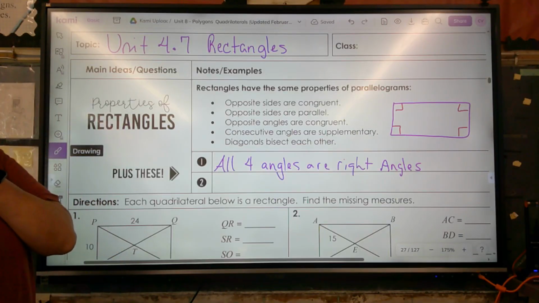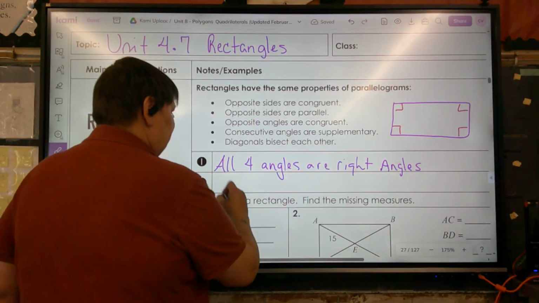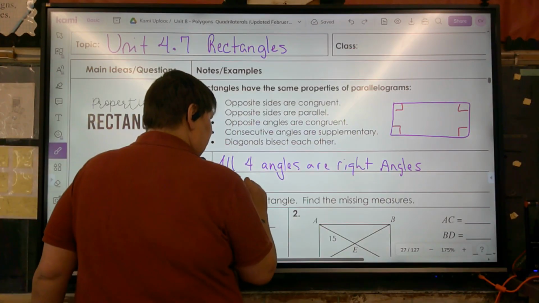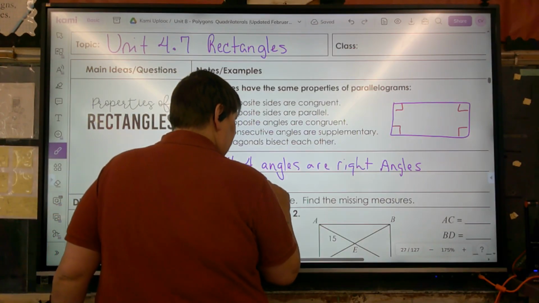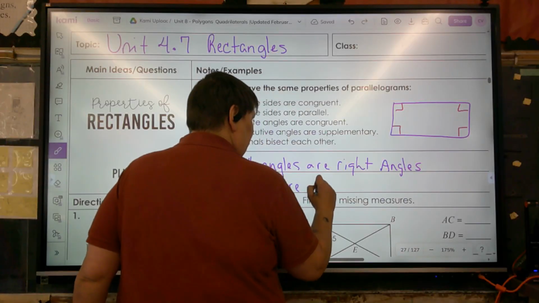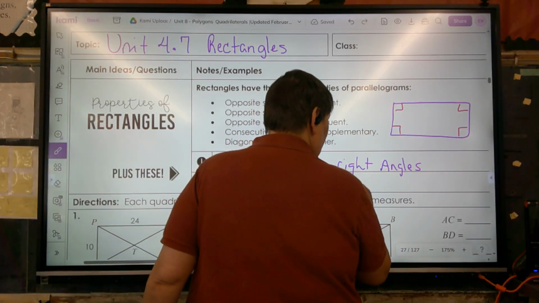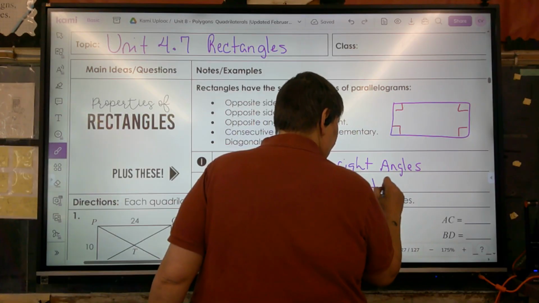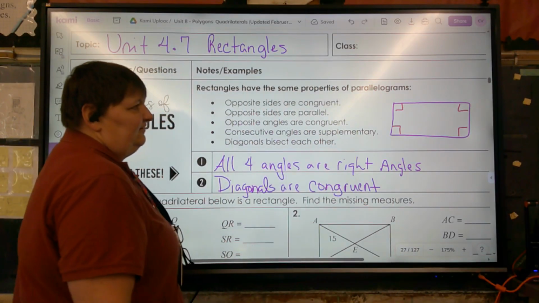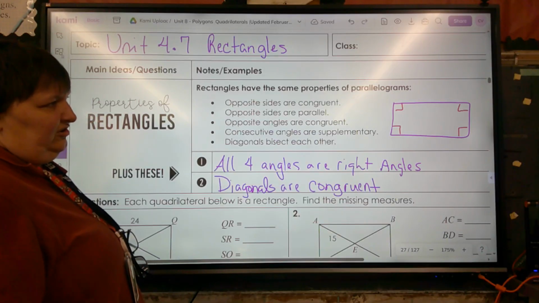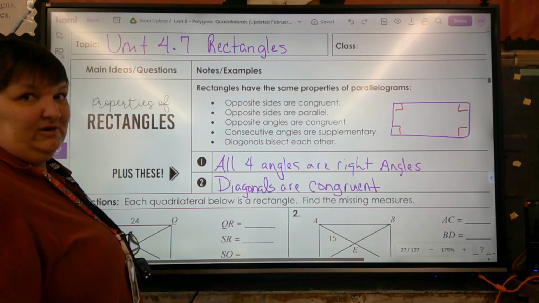And we're going to add another rule. Diagonals are congruent. Congruent meaning equal. I'll show you what I mean by that.